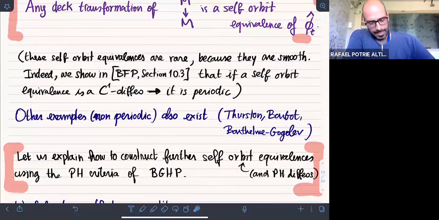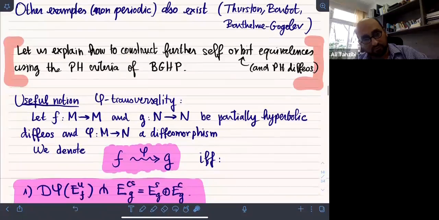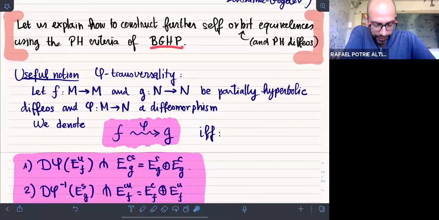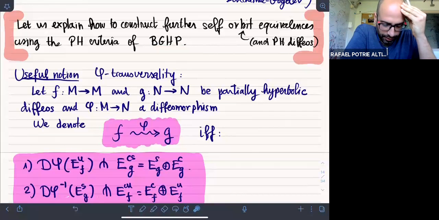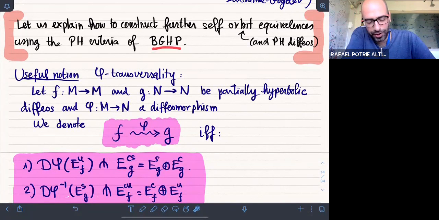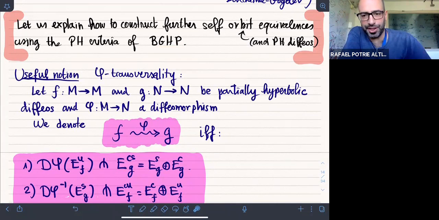Okay, thank you. The notion I want to introduce, which we introduced in this paper with Christian, Andre, and Andy, is called phi transversality. In fact, in this paper we called it H transversality, but now I will use H for a different thing, so I'm changing the name.